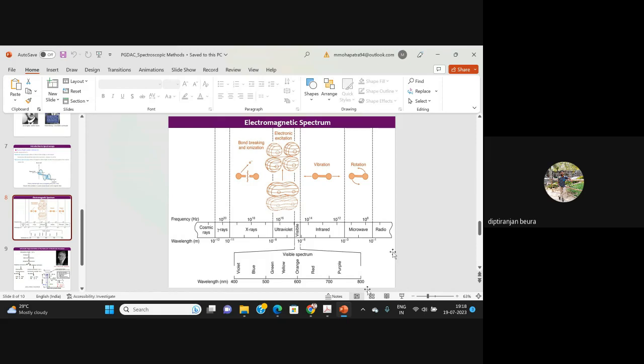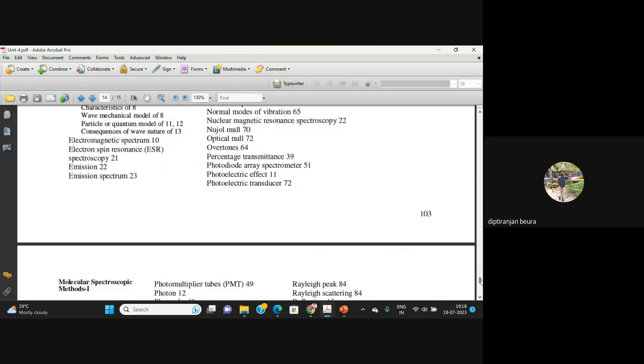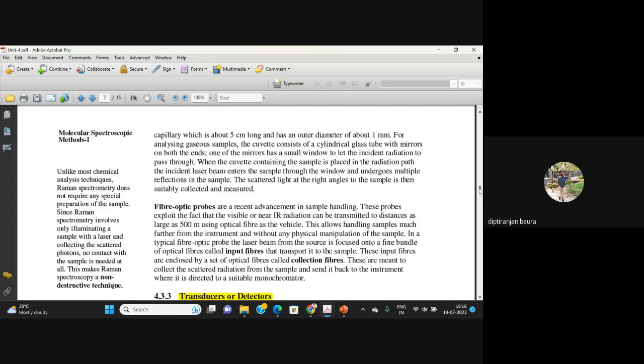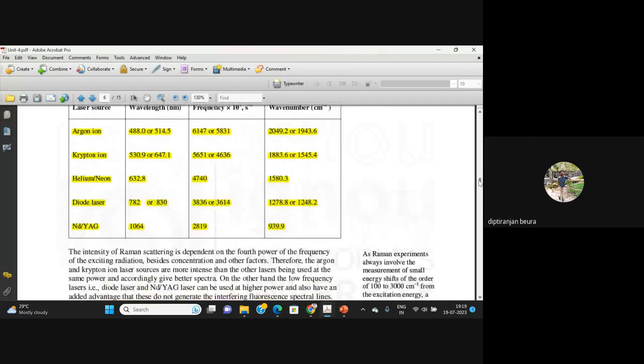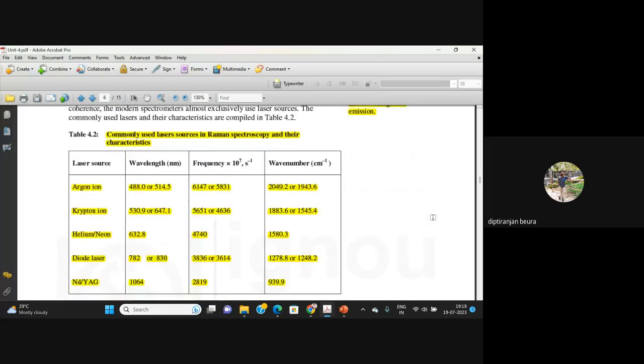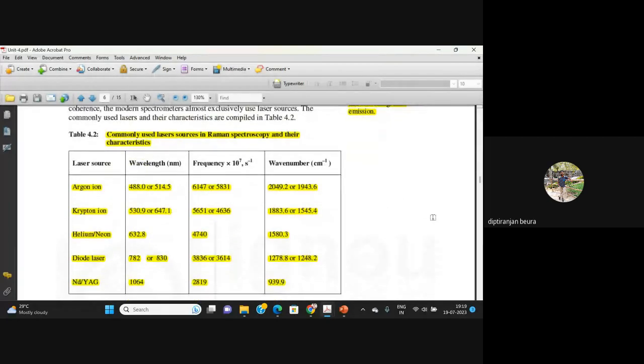If you see Raman spectrophotometry, there are certain sources of radiation: argon ion, krypton ion, and so on. For the argon ion source, the wavelength is mentioned here as 488 to 1064.